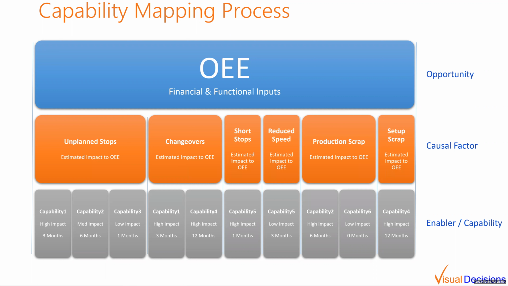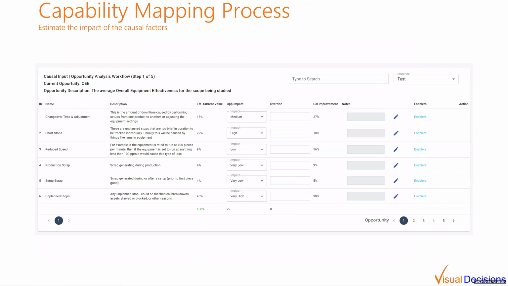And so, as we look at what are the different capabilities that we can put in place with Industry 4.0 and how do they tie to those different causals, we've developed a very significant amount of intellectual property that maps all of that out so that we can very quickly go through that process with our customers. And we've put that in the form of a web application that's very simple to walk through.